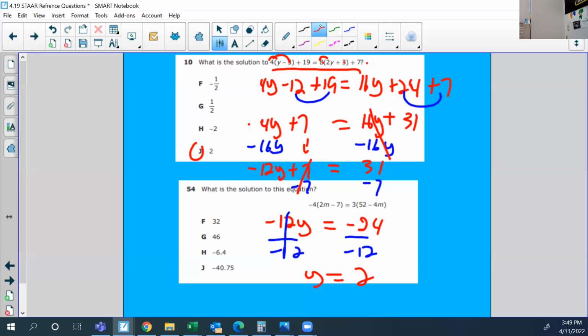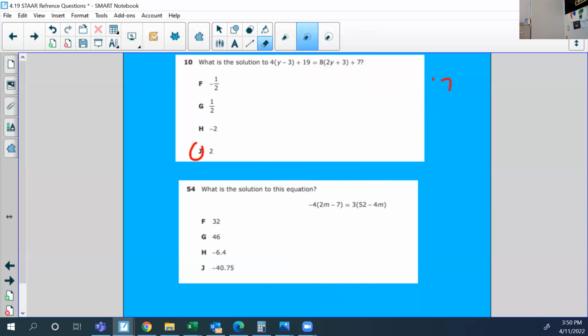Again, what is the solution? They just want to know what the y value is. Another way, which I think is a very long way, is that you could plug each value into the equation. You can plug negative 1/2 in here and then solve. You can replace y with negative 1/2.